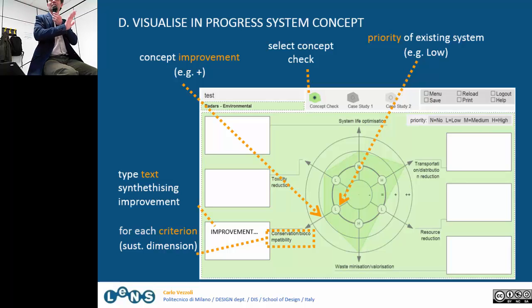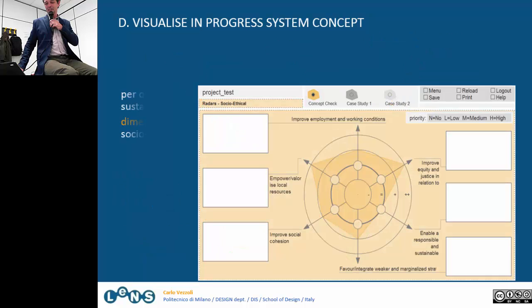So maybe I sacrifice something related to waste minimization, but since I have a radical improvement in terms of resource reduction, which is the key point of my system, then I go for that, so I can save the idea. Of course, if everything goes well for all the criteria, that's great, but this doesn't happen all the time, so it's good to have this.